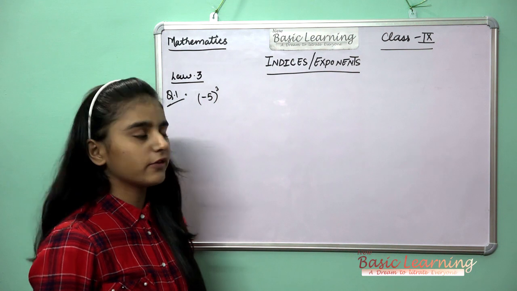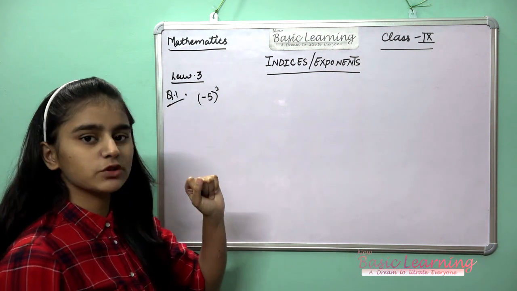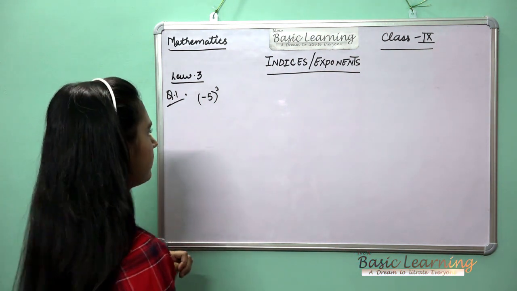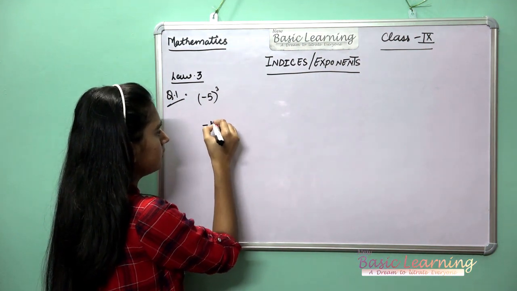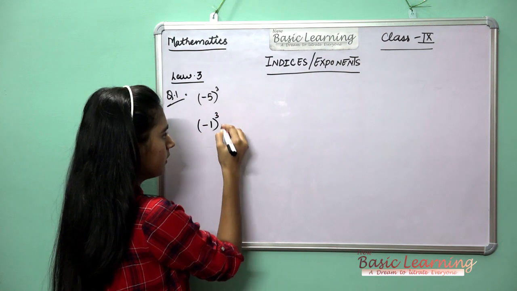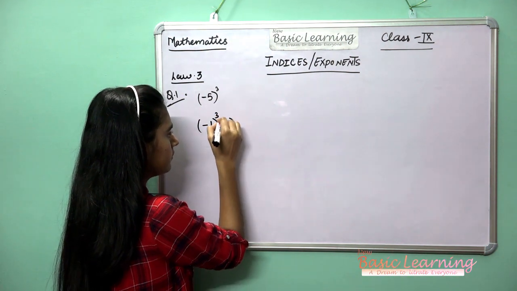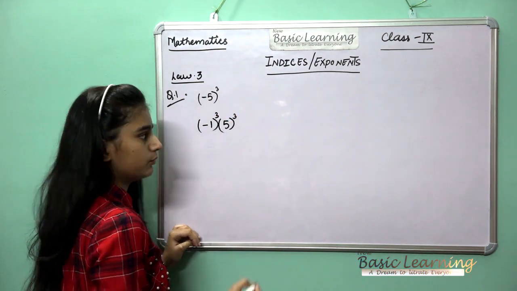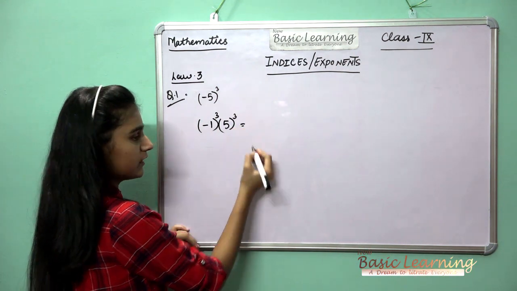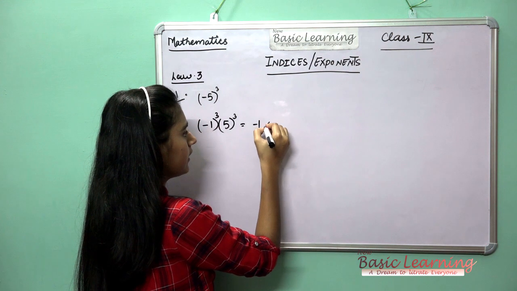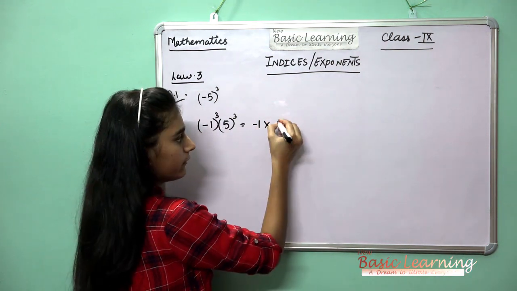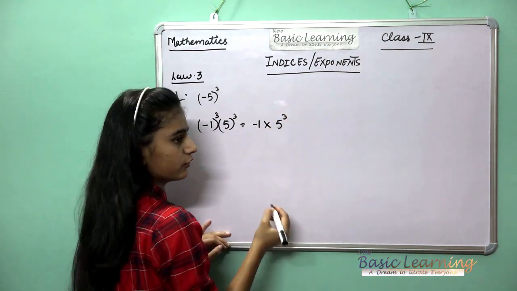Now question number 1 related to law 3 is minus 5 to the power 3. Now let's solve this. It will be minus 1 whole cube and 5 whole cube. Then minus 1 into 5 whole cube.